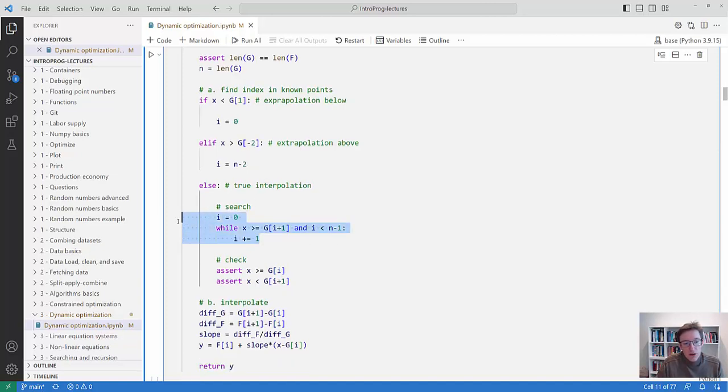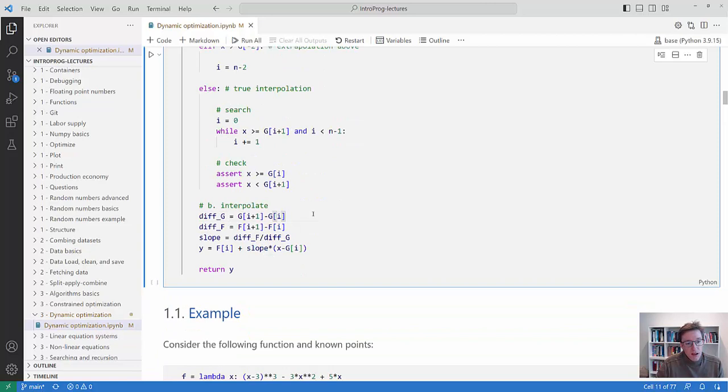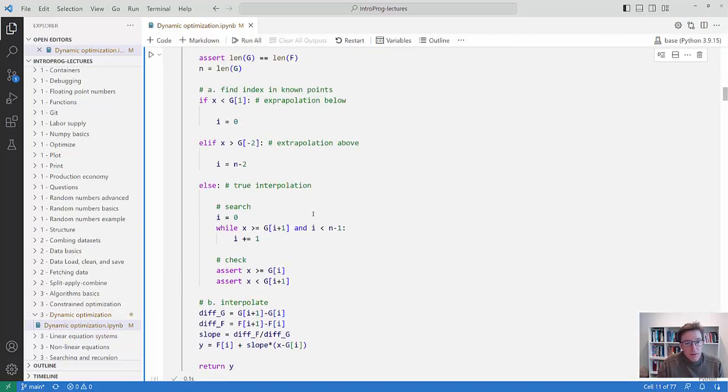And then I simply do the search such that I find the i in the way I specified above, where I'm certain that it is larger than or equal to the G i value, and at the same time smaller than the i plus 1 value. Then I do simply the interpolation step. I find the slope and I apply it in the way stated in the formula above. So that's rather simple to implement.